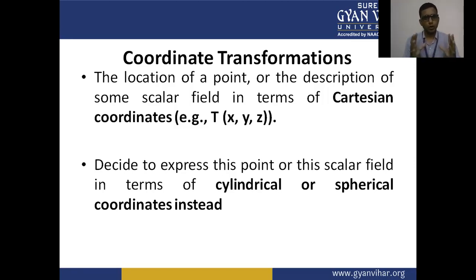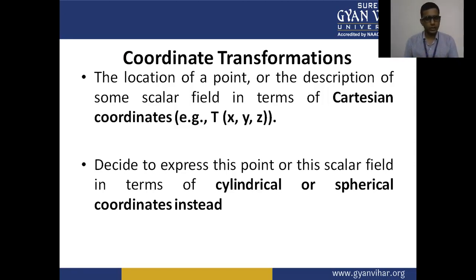The location of a point or the description of some scalar quantity field in terms of Cartesian coordinates, for example T(x, y, z), where T is any point in the Cartesian coordinate system. This point is converted into the cylindrical as well as the spherical coordinate system.